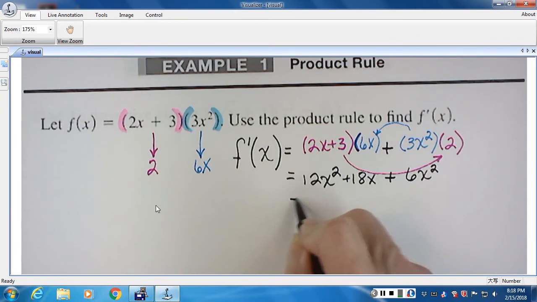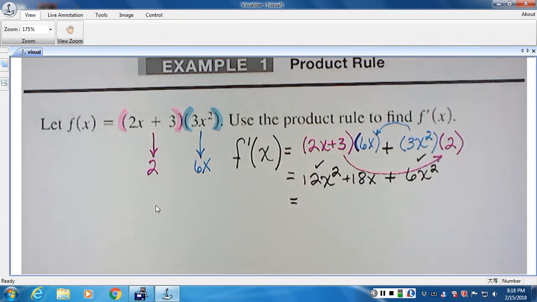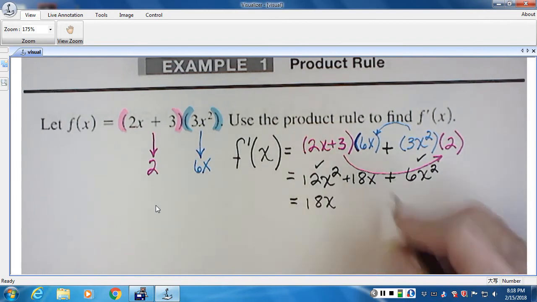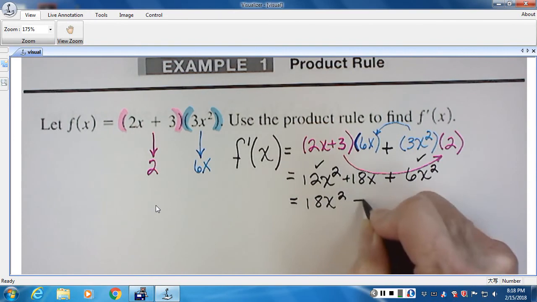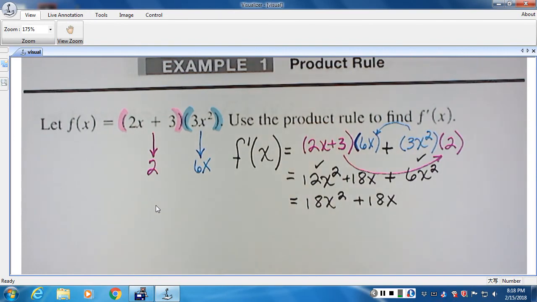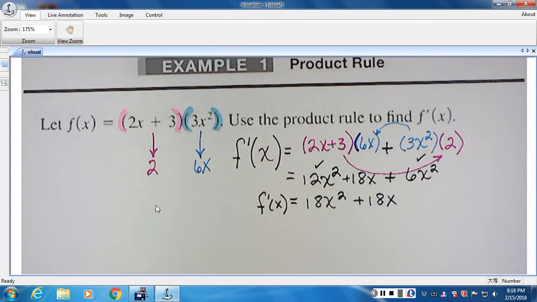And then, just for the sake of less typing, since it's not hard to do, you'll probably want to combine those two like terms. 12x squared plus 6x squared is 18x squared plus 18x. So there's your derivative. Okay?